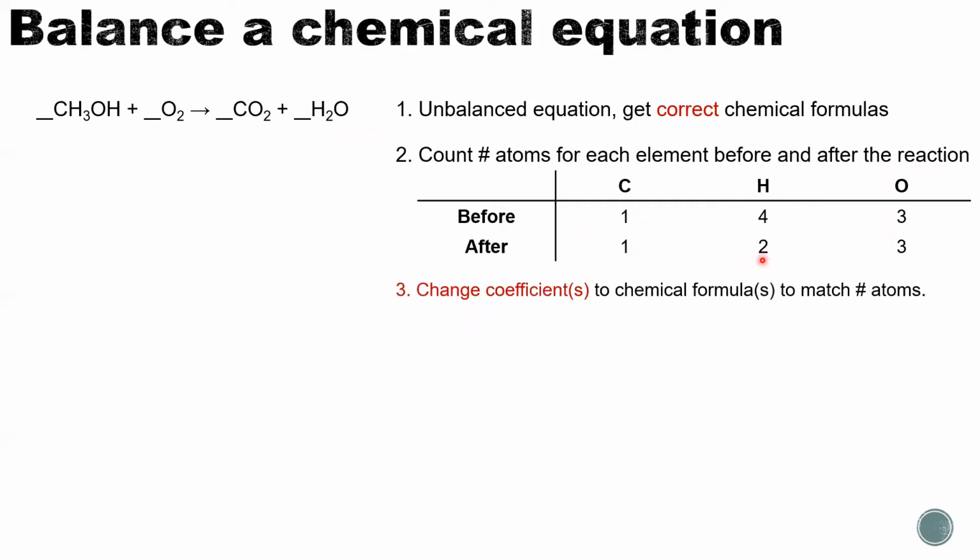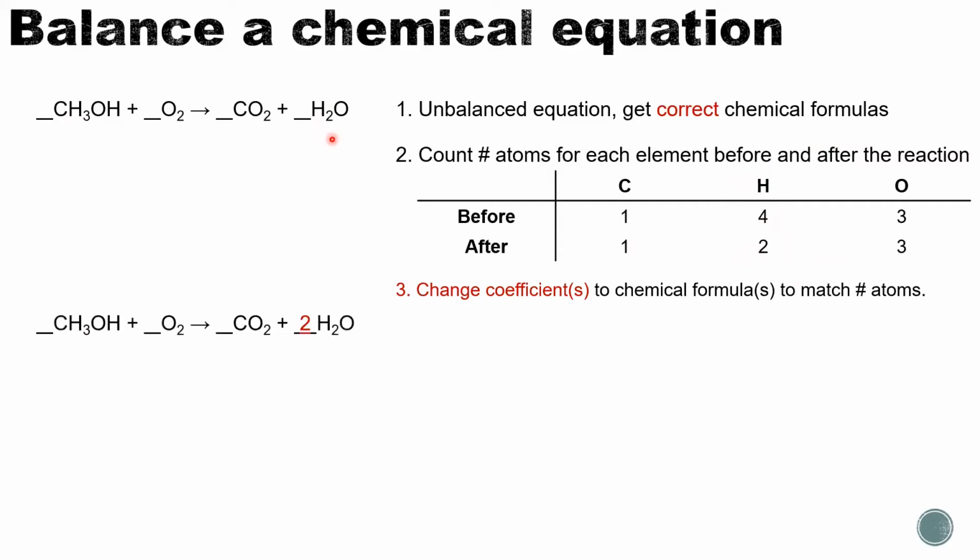So we need to change the coefficient or coefficients before some of the chemical formulas, so the number of atoms match exactly before and after the chemical reaction. We need to give more hydrogens after reaction. The only place hydrogen shows up as a product is here as water.